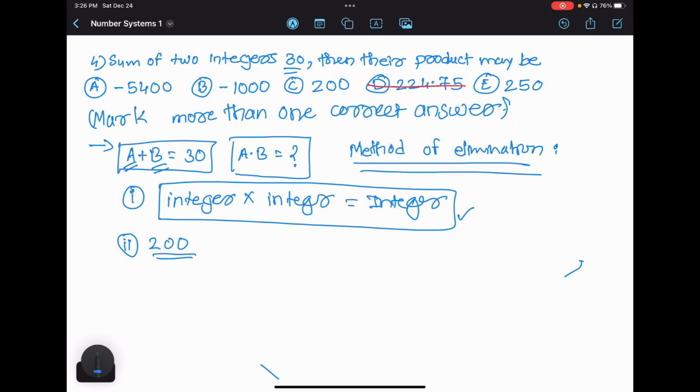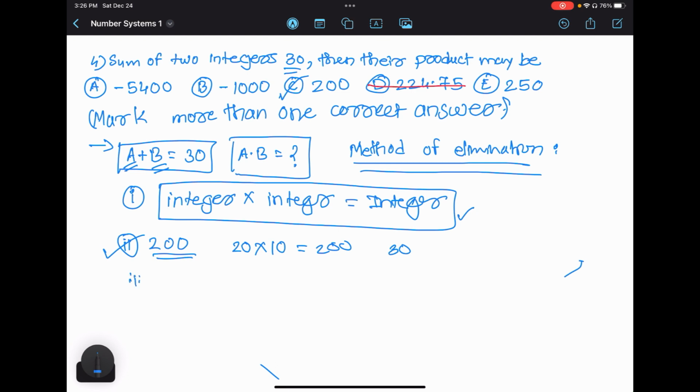The easiest thing I can think of is 20 multiplied by 10. So 20 multiplied by 10 becomes 200. At the same time, the addition of those is 30. So yes, this is a good answer. I will say C is one of the answers.